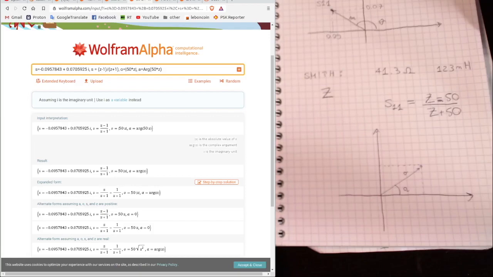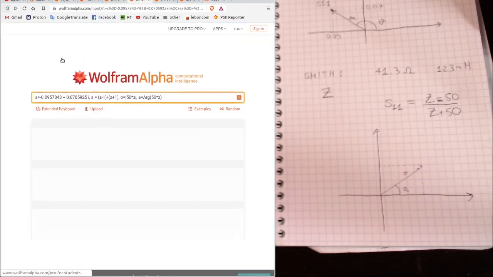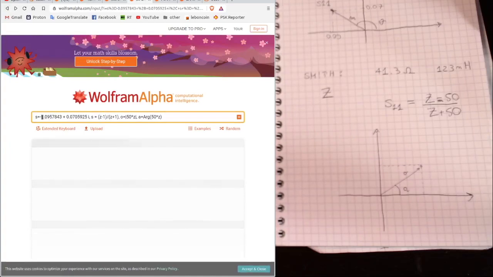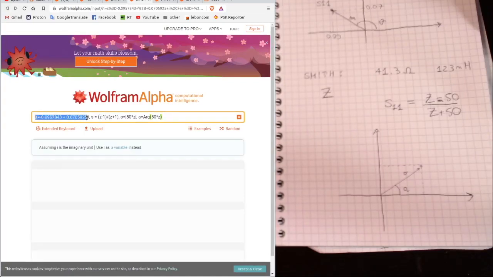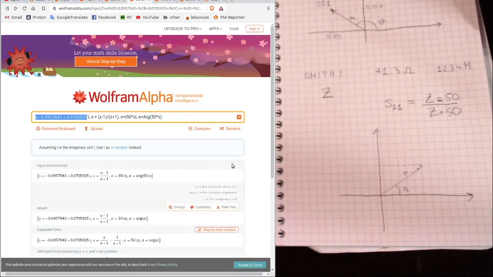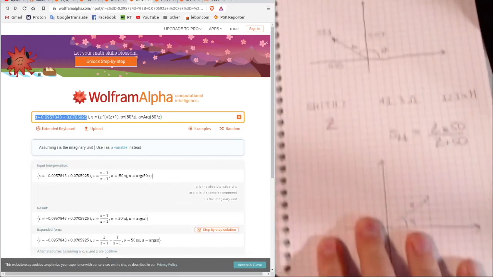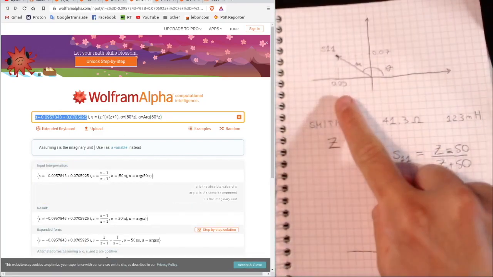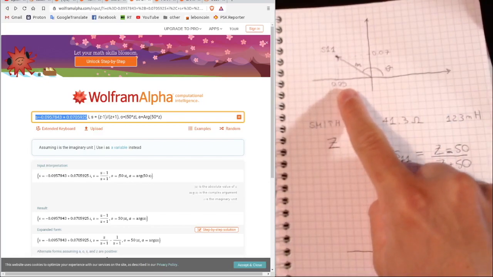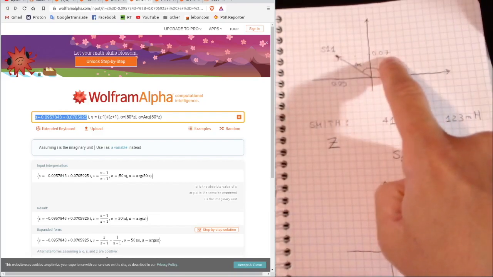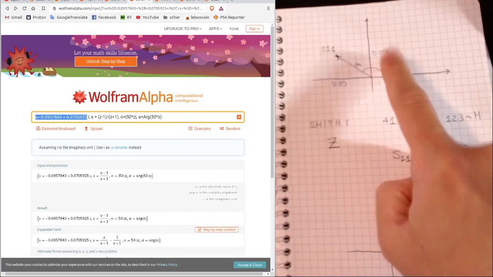So it's compatible with what I've already written here. Here S stands for our S11 with the data that we already computed. The coordinates are 0.0957843 on the x-axis, and on the y-axis 0.07, etc.